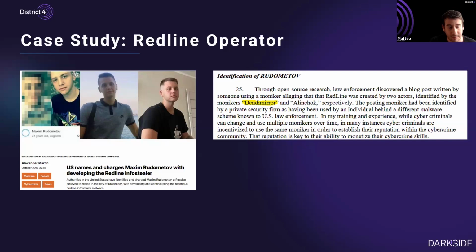Those were the three most common, but Redline was the most common one in the world. And he was making hundreds of millions of dollars selling this data, selling access to this data. So we're going to pick on him to show how Darkside was used to really learn a lot about him. One of the things they knew from the beginning was that he went by the handle Dendemir. So now let's pivot into Darkside.